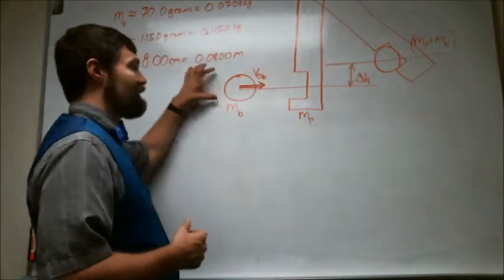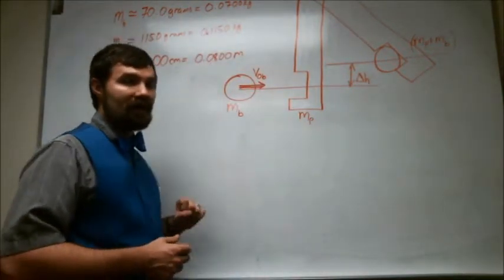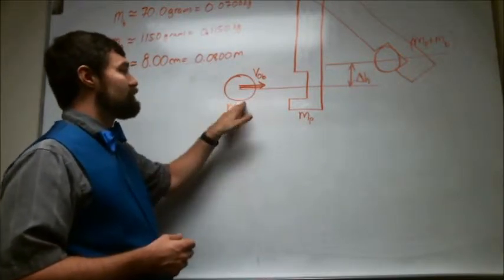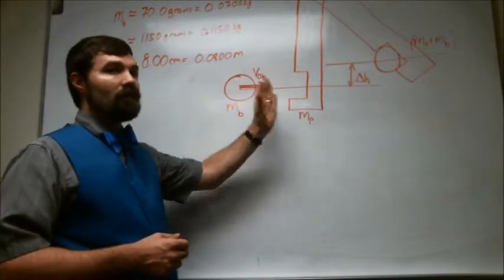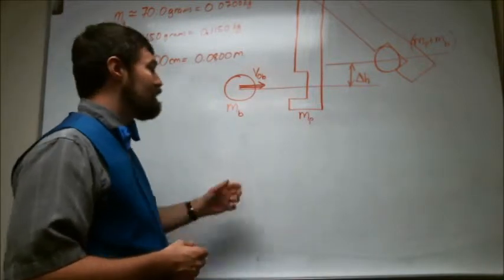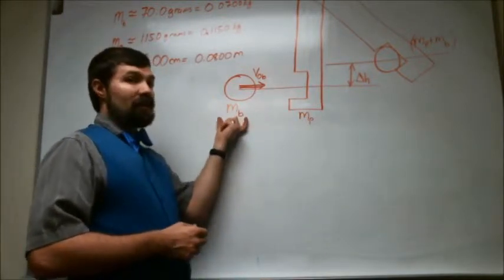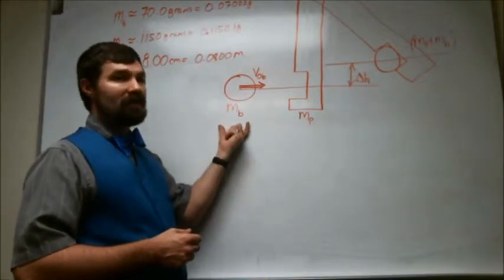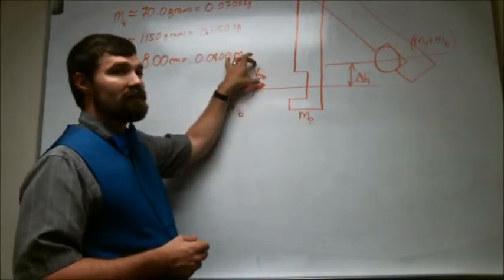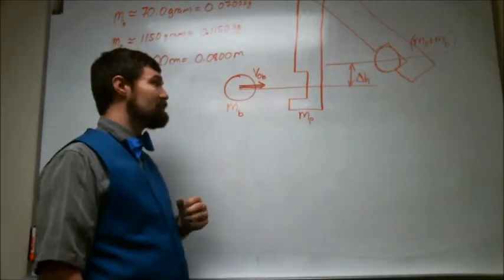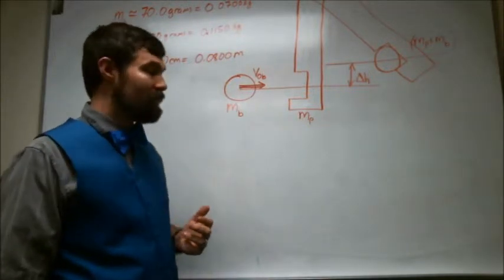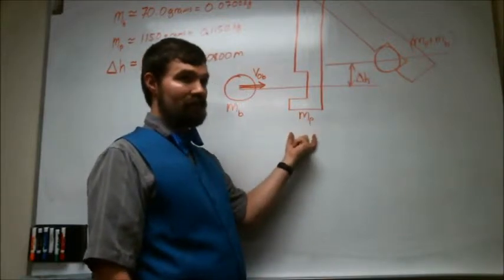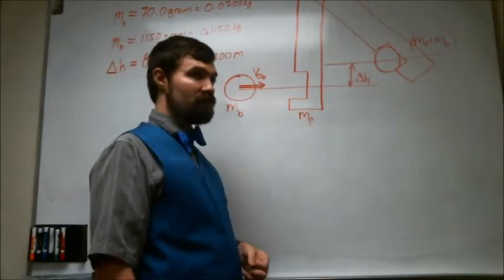So I have on the board a little drawing of basically a projectile, and it's going to collide with this pendulum bob. I've labeled the projectile mass as MB for bullet, and it has some initial speed, V0B for initial speed of the bullet, and the pendulum has a mass of MP for mass of pendulum.